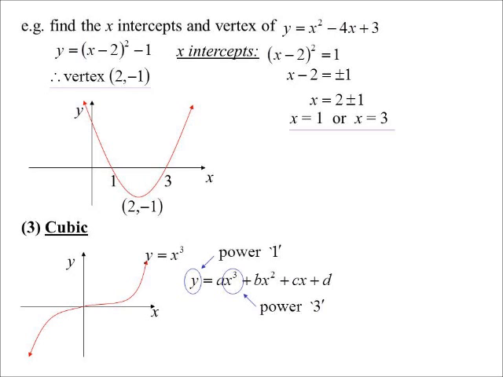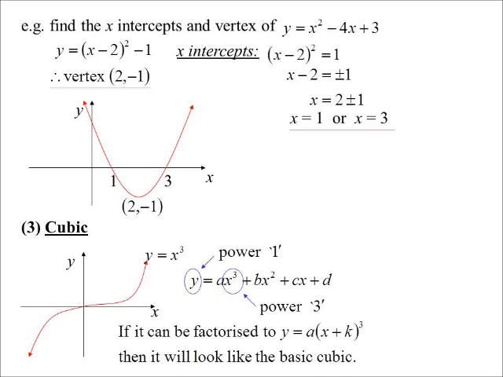Not all cubics look like this. Only cubics that factorise to be a perfect cube will look like this. Okay? So it can be a perfect cube, maybe times some multiple, look like that. Otherwise, it'll look something like this. It'll have that up and down sort of shape. That's the other type of cubic you might see from time to time.